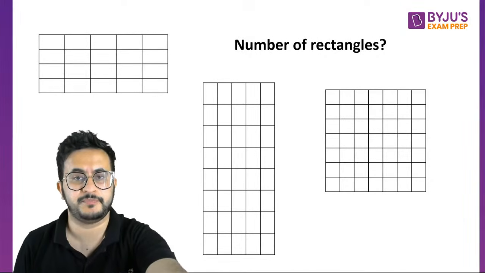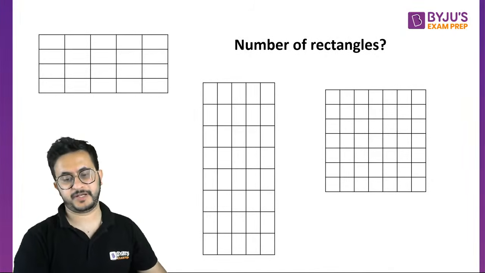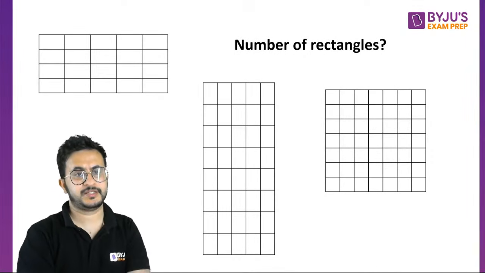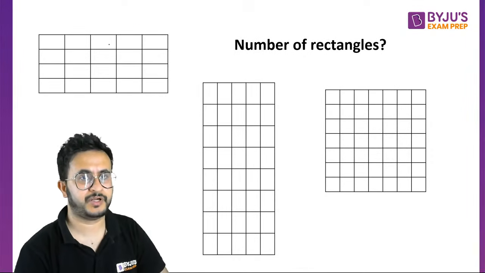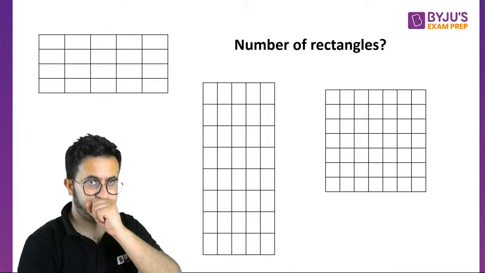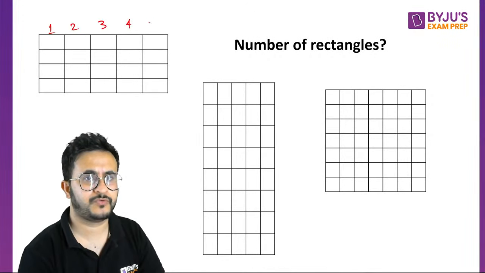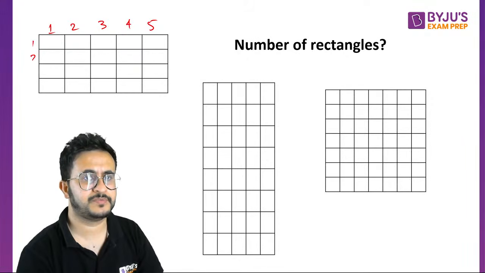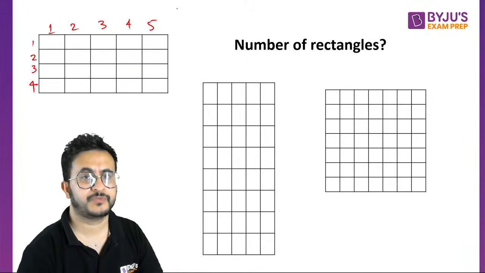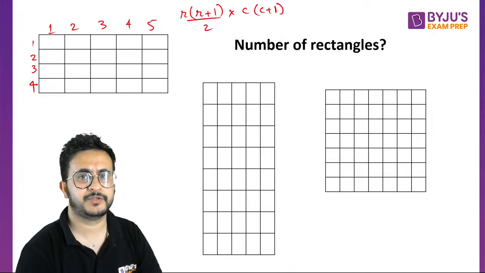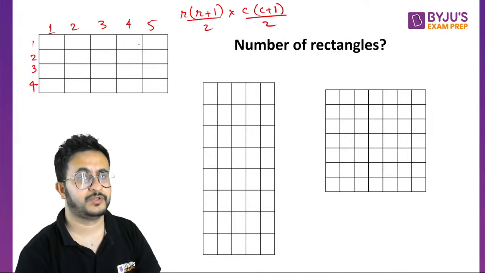Okay, so let us see how we find the number of rectangles in this case. Whatever is the number of rows, 1, 2, 3, 4, 5, and the number of columns is 4, right? So it is r into r plus 1 by 2 into c into c plus 1 by 2.